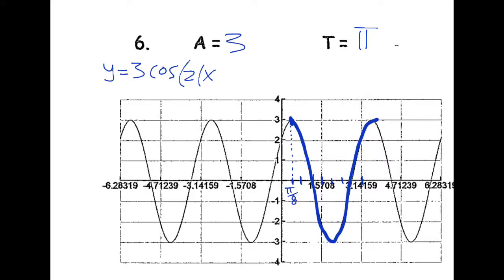And then I've been moving it to the right by pi over 8. So I need to subtract pi over 8, just like that. Okay, that's one option. What else could we do?